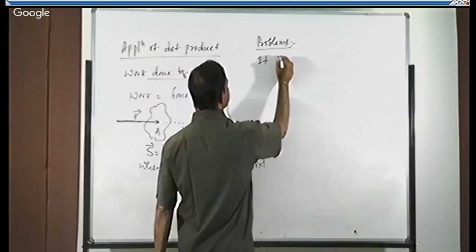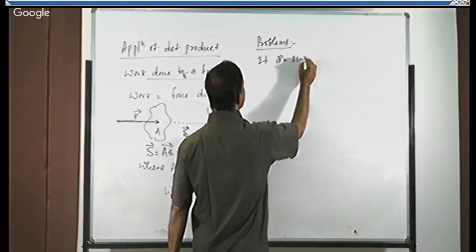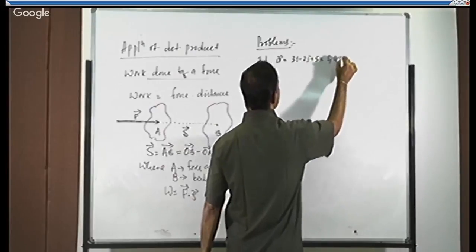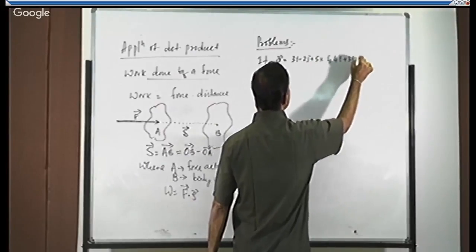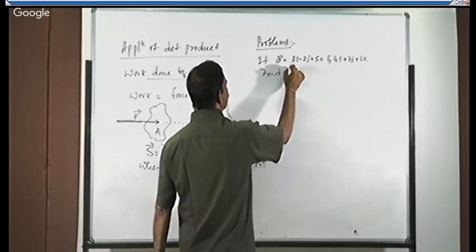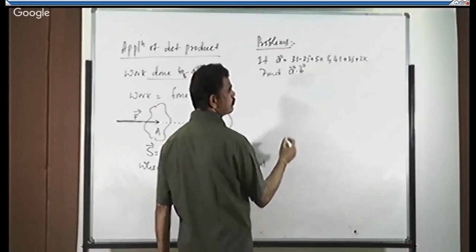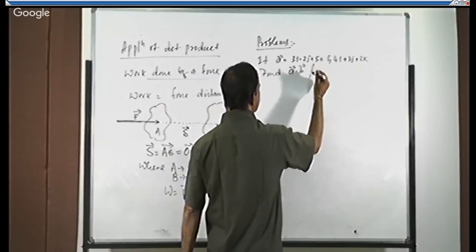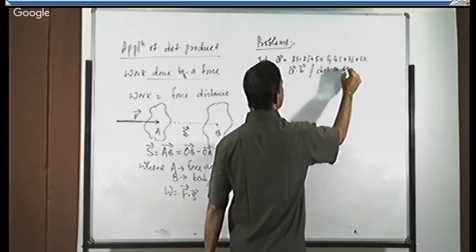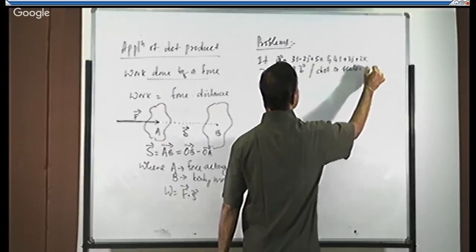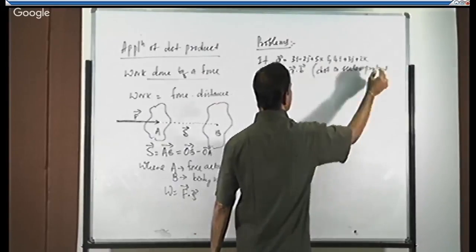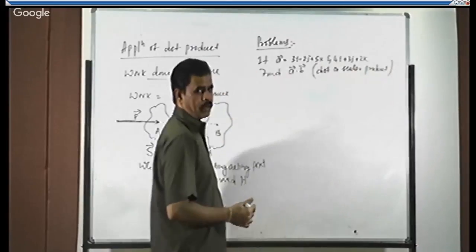If A is equal to 3i minus 2j plus 5k and B is 4i plus 3j plus 2k, find A dot B. Sometimes it will be mentioned as find dot product or scalar product.